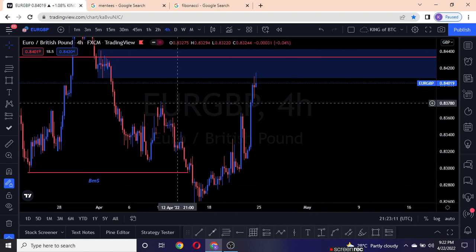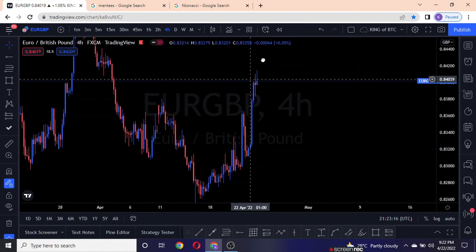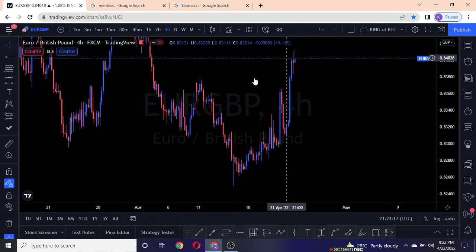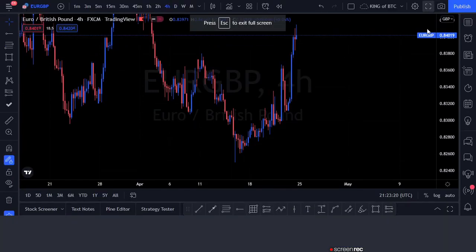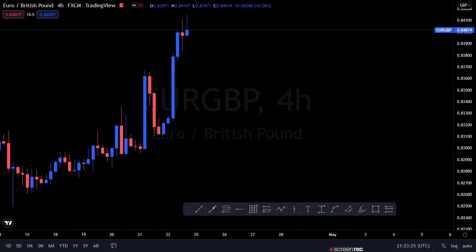Let me delete it so that you guys will concentrate. Good. So obviously we can see that Euro GBP in the 4-hour is very bullish. Okay, it's extremely bullish.